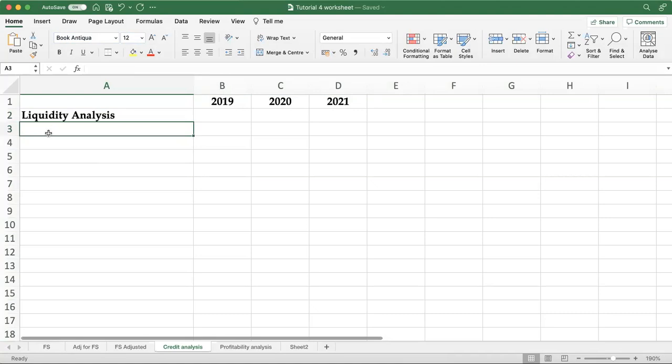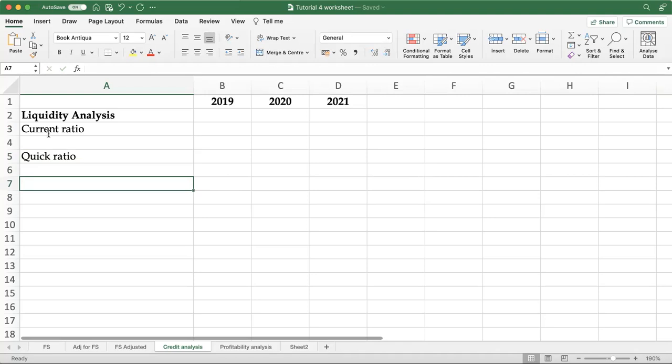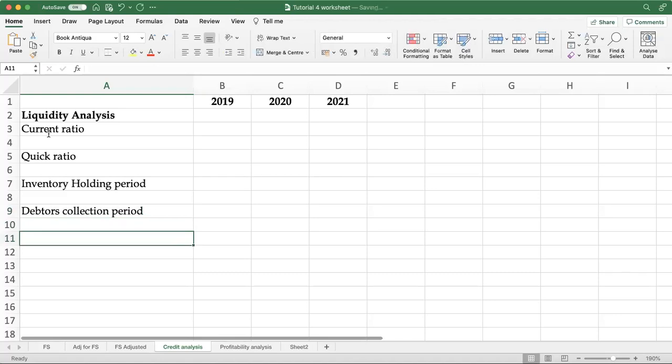So you can calculate current ratio, quick ratio, and those working capital ratios: inventory holding period, debtors collection period, then creditor settlement period.